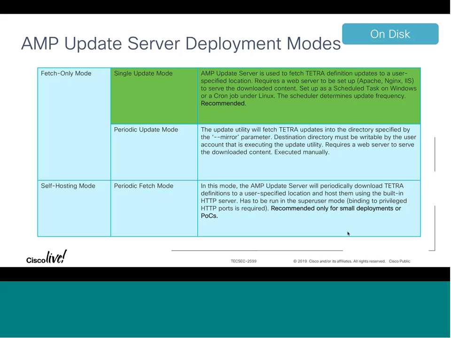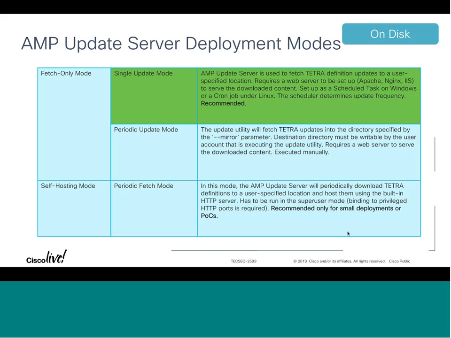And the single update mode of fetch-only is where you've got the web server provided by the client, and you set our update server's checking interval basically as a cron job or scheduled task, depending on your operating system of choice, and that's what then maintains the file.